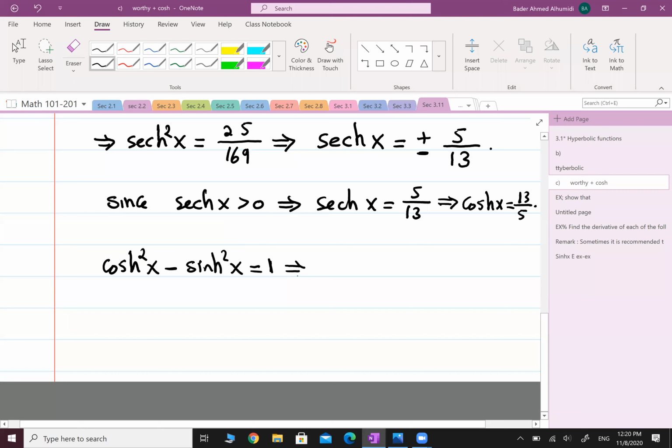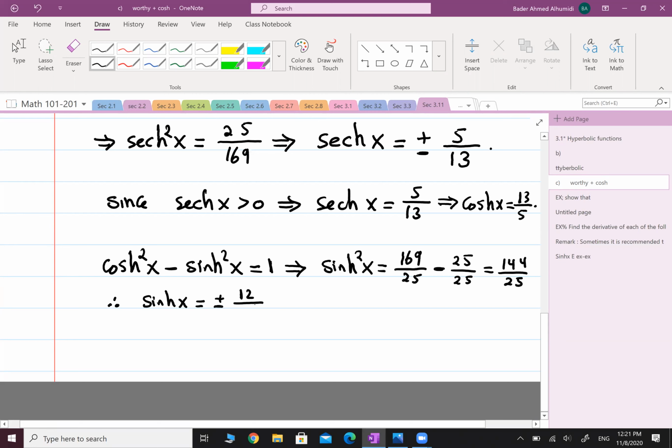This implies hyperbolic sine squared of x equals cosine hyperbolic squared minus 1, so 169 over 25 minus 25 over 25, which equals 144 over 25. From here, hyperbolic sine of x equals plus or minus 12 over 5.